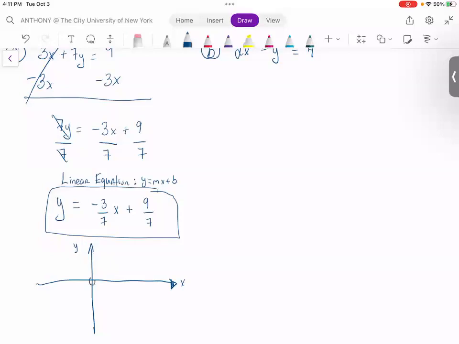So if this is 0, let's say here's 1, here's 2, then 9 over 7 should be between 1 and 2, okay? Should be somewhere around here. And then I could just draw a straight line that's decreasing. So why did I draw this graph? It's just to show you that this linear equation is going to be a function.